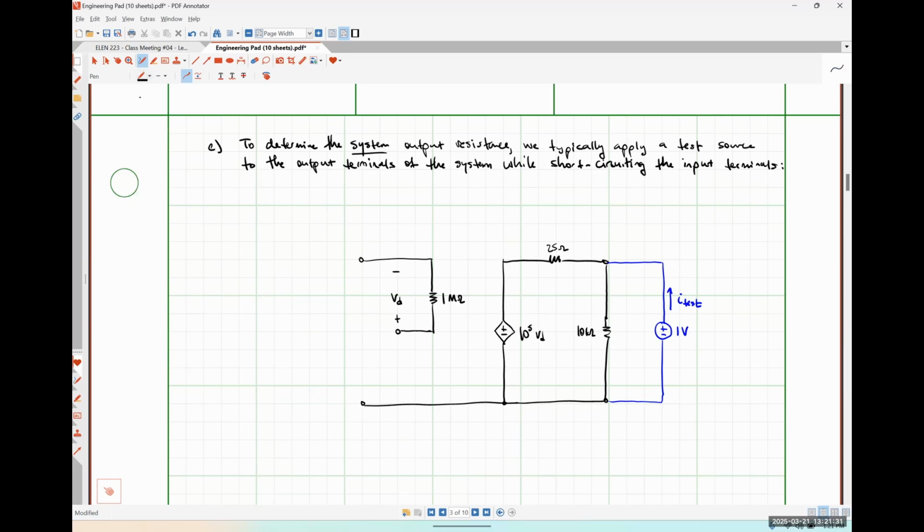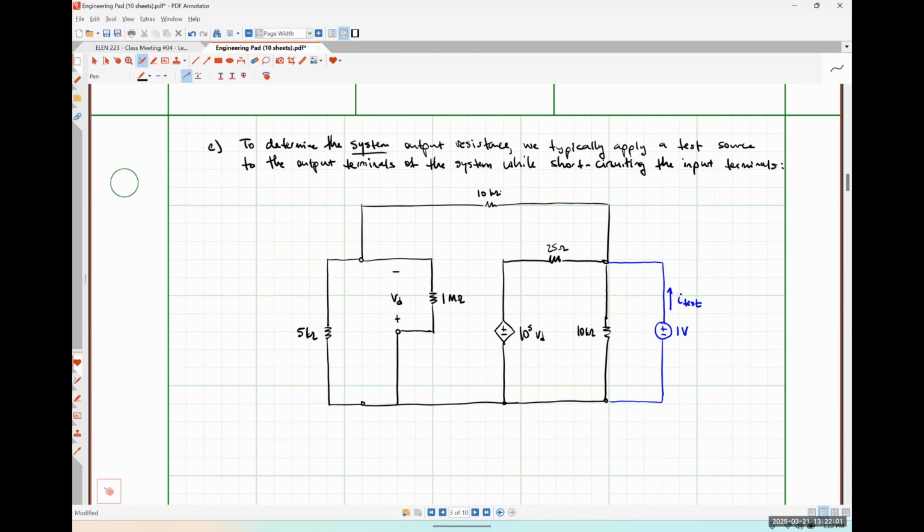My input terminal needs to be short circuited. Still have a 1 kilo ohm resistor between my non-inverting input and ground. This is going to be 5 kilo ohm resistor. And I've still got my feedback resistor here of 10 kilo ohms.